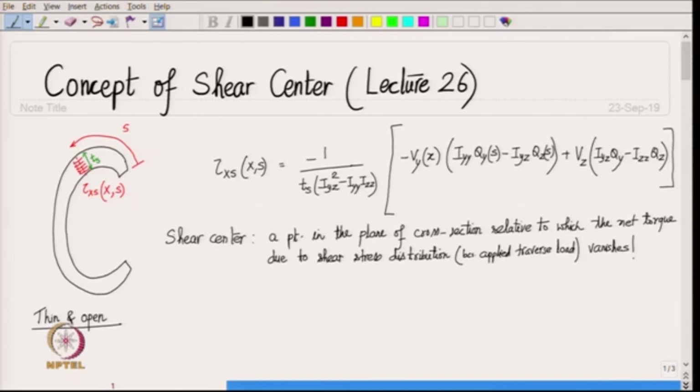So, suppose that that point in the plane of the cross section is somewhere over here, and let us denote it by S C for shear center, and then the centroid would be somewhere at point O, okay, and we have the axes y and z in the plane of the cross section.